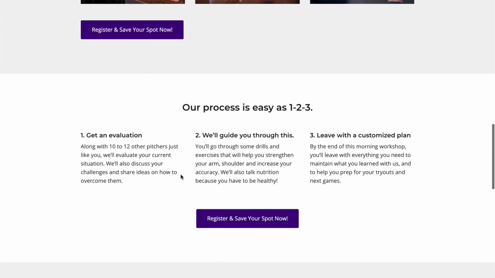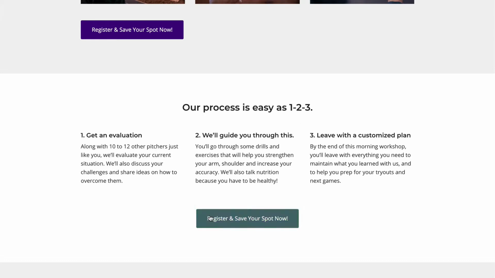So then you also want to state some kind of a very simple process, a very easy path that people can take in order to get what they're trying to achieve. So in this case, the header says our process is easy as 1, 2, 3. First, get an evaluation. We'll guide you through this and leave with a customized plan so that you can remember everything that you've learned during the workshop.